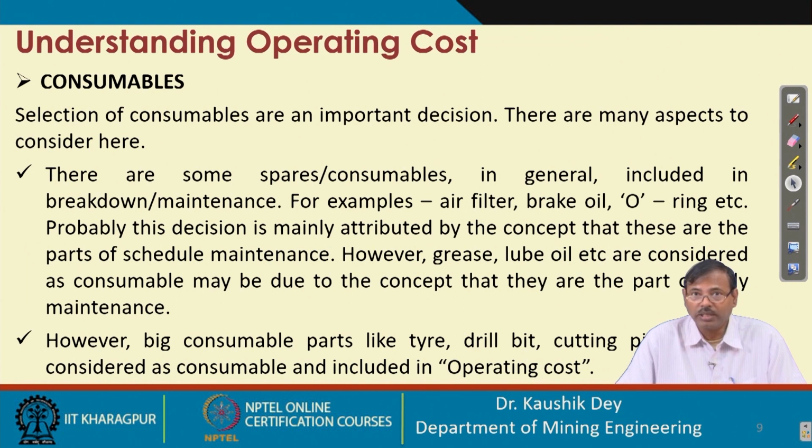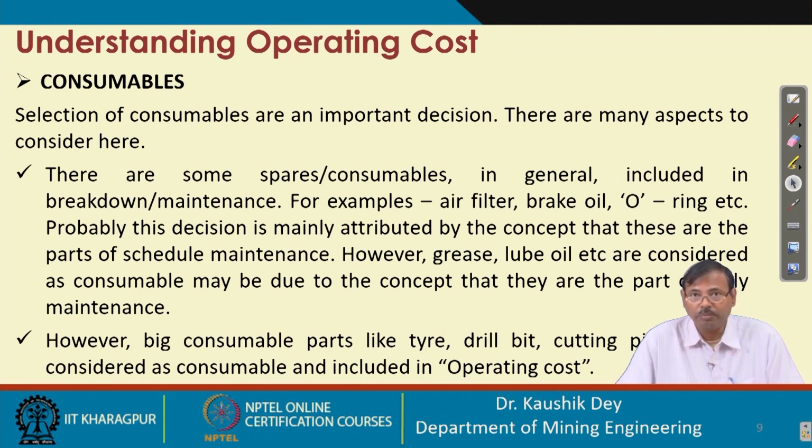So, this demarcation is a little bit clumsy and that is why this is changing from organization to organization. But in my opinion, it is better to keep those things which are replaced in the schedule maintenance, like air filter, brake oil, O-ring, in the maintenance cost, because this decision is mainly attributed by the concept that these are the parts of schedule maintenance.